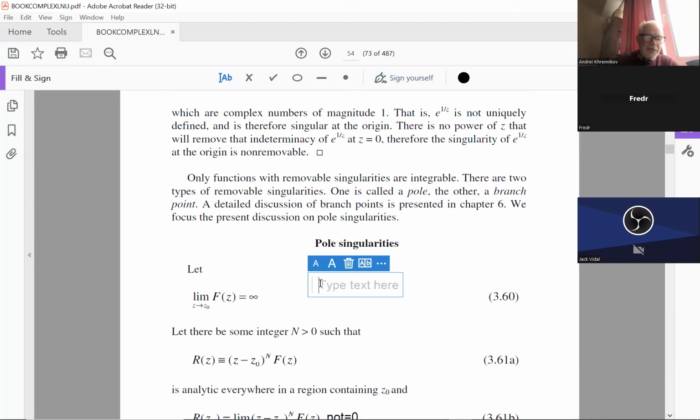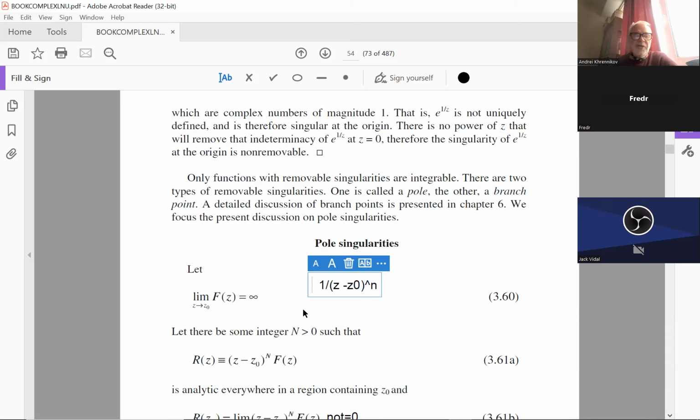The basic examples of such functions are 1 over z, or in the point z0, 1 over z minus z0. This function goes to infinity at this point. For example, 1 divided by z minus z0 in some degree n.